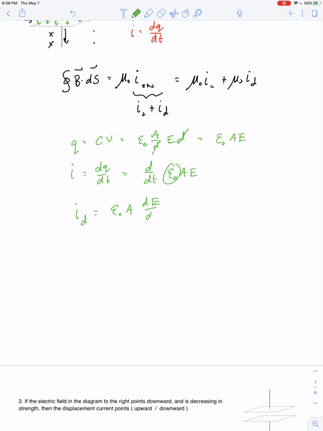of the electric field. Of course, we could put the A back into the derivative and say that the displacement current is epsilon naught times d dt of the product of A and E, and the product of A and E is electric flux. So there you have it. Displacement current is epsilon naught times the rate of change of electric flux.